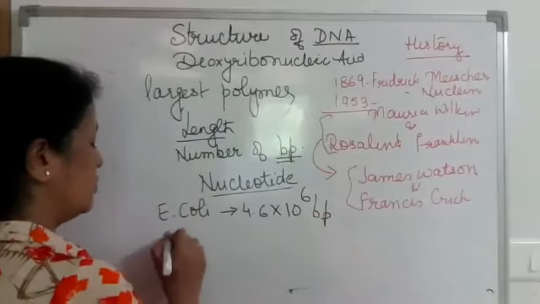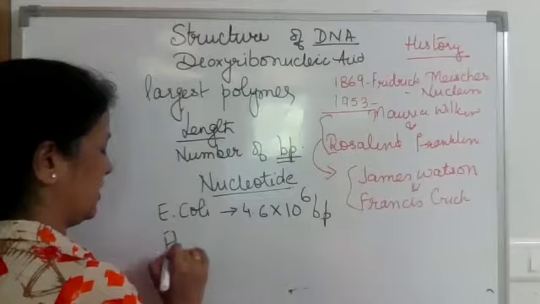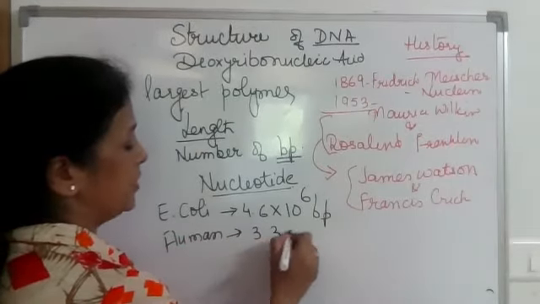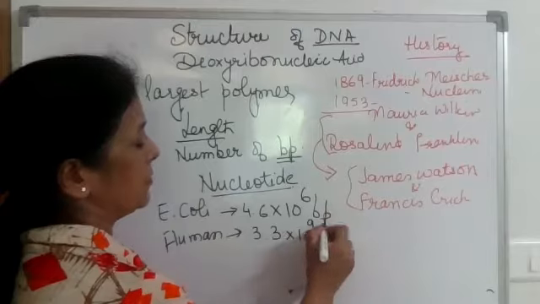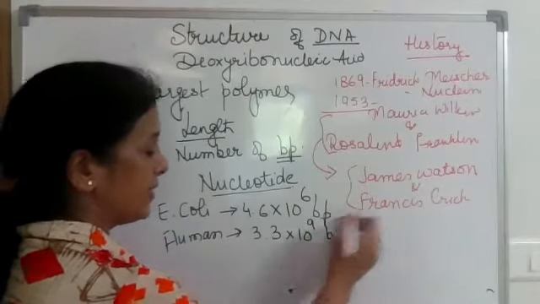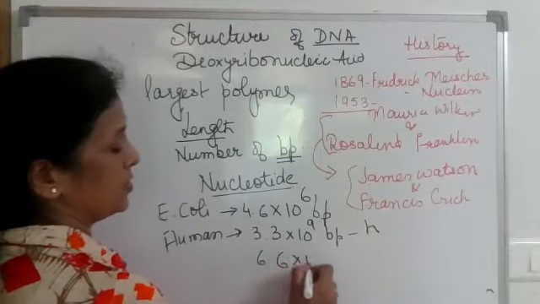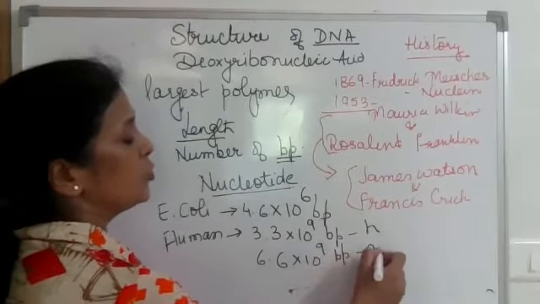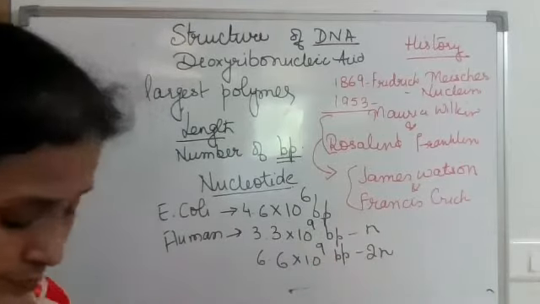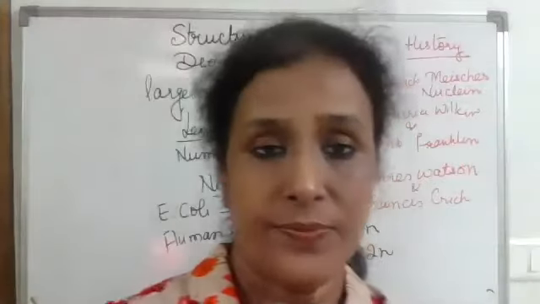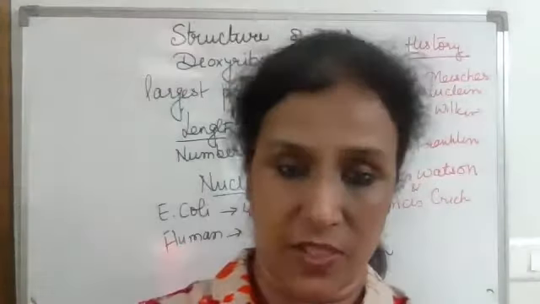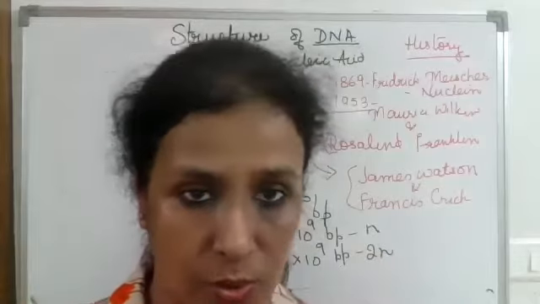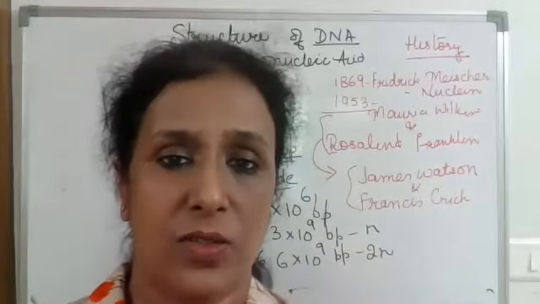And in eukaryotes, or in humans specifically, the number of base pairs is 3.3 into 10 raised to the power 9 in N condition and 6.6 into 10 raised to the power 9 base pairs in 2N condition. So all these numbers of base pairs, when multiplied by the distance between two nucleotides, give us the length of the DNA.